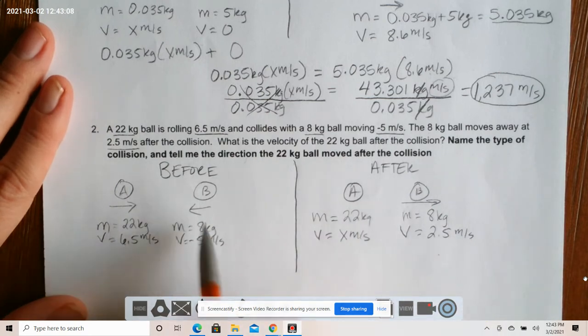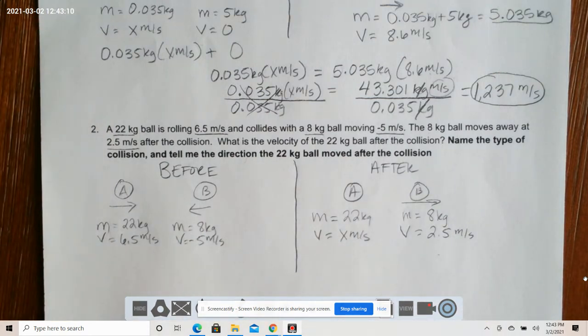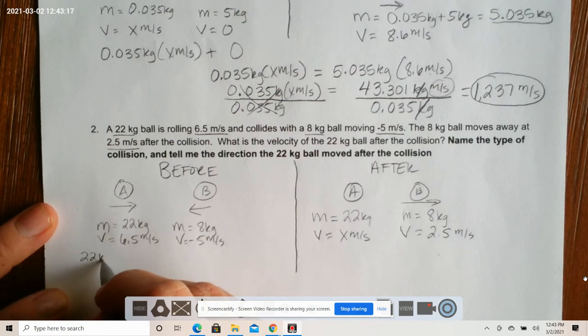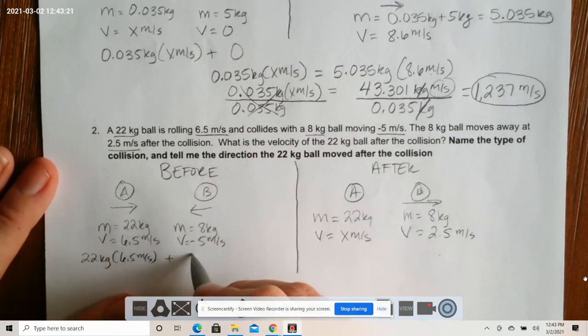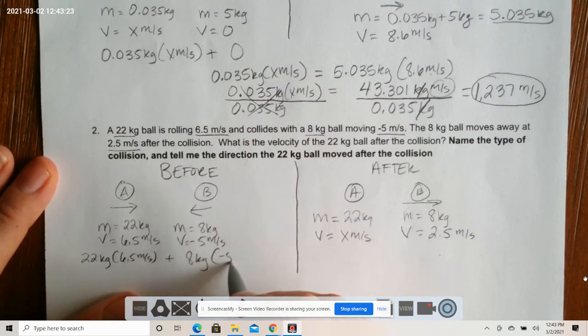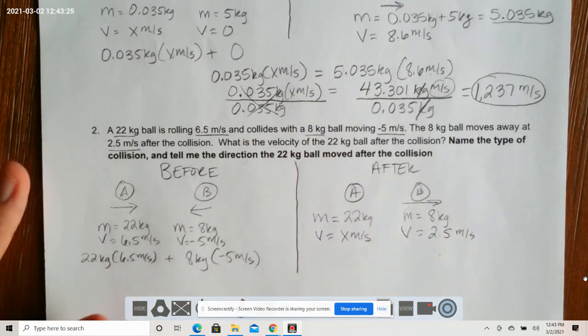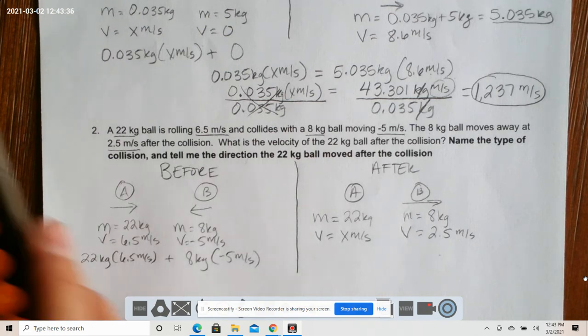Let's set up the problem, mass times velocity plus mass times velocity. And that means we need to do 22 kilograms times 6.5 meters per second plus 8 kilograms times negative 5 meters per second. And I'm going to solve those because we can multiply. Let me get my calculator out. There we go.